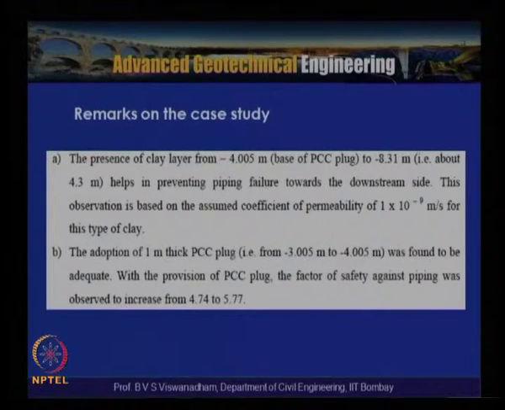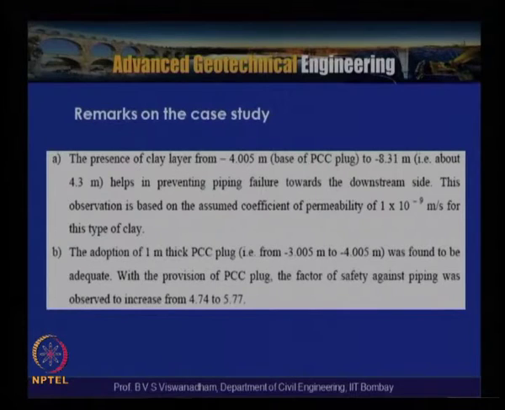So the remarks on the case study we discussed are as follows. The presence of the clay layer of about 4.5 meters, from minus 4 meters at the base of the PCC plug to minus 8.3 meters, helps in preventing the piping failure towards the downstream side. This observation is based on the coefficient of permeability of 1 into 10 to the power of minus 9 meter per second, 10 to the power of minus 7 meter per second, or 1 into 10 to the power of minus 9 meter per second for the clay.